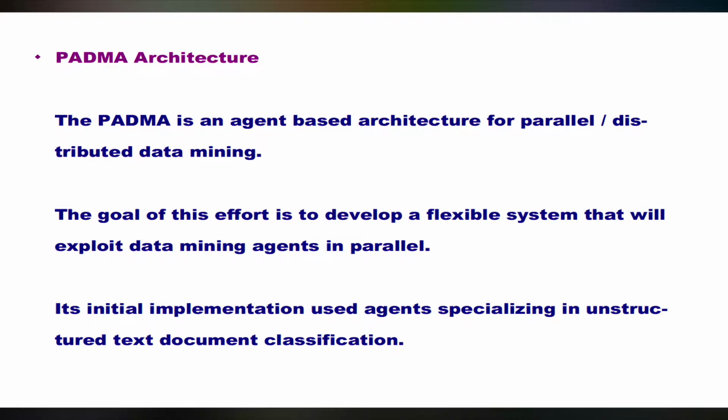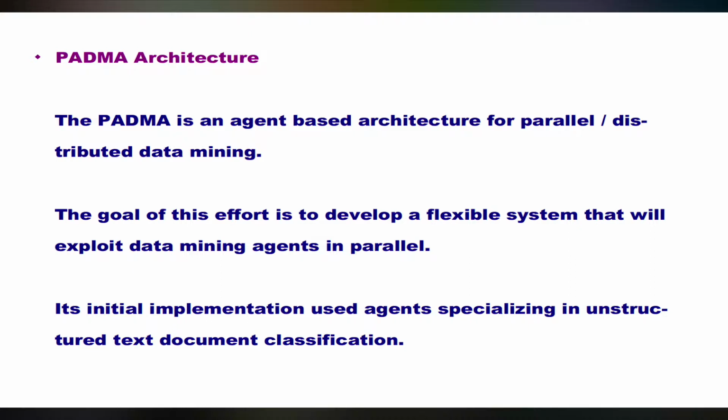During the mining process, you need to be careful that the mobile intelligent agents are used as it keeps monitoring the different workstations in the geographically distributed areas. Having seen what is an IA, that is an intelligent agent, let us have a look into the Padma architecture. So, the Padma architecture is an agent based architecture for parallel or distributed data mining.